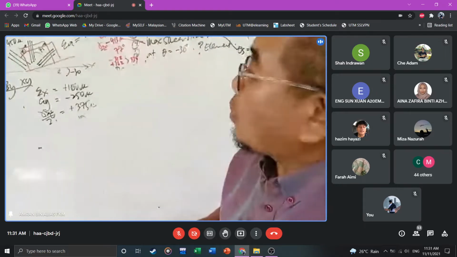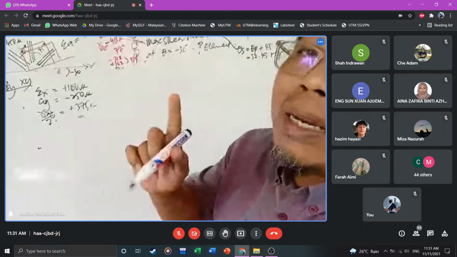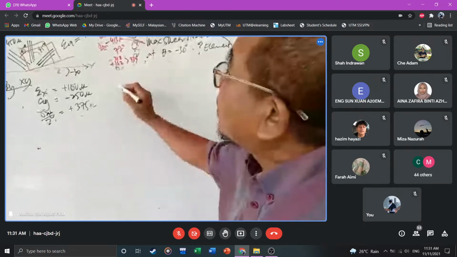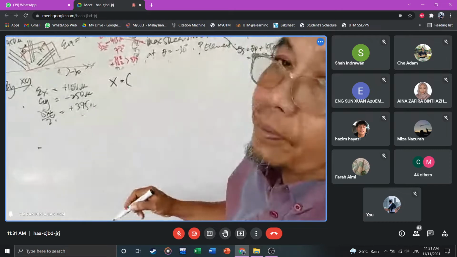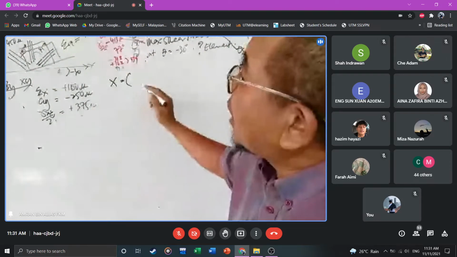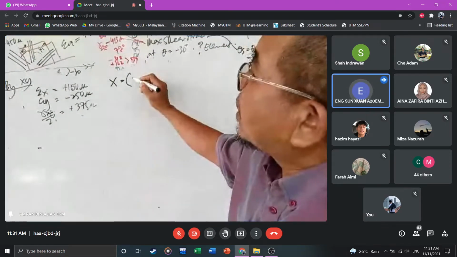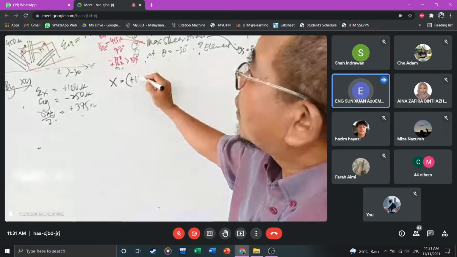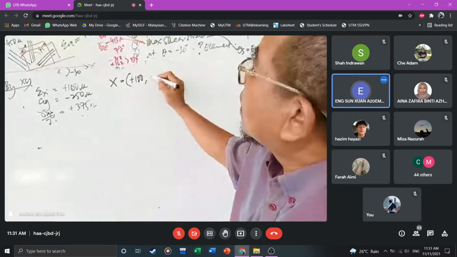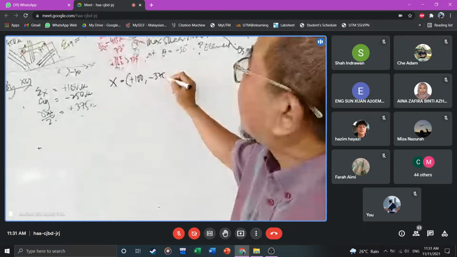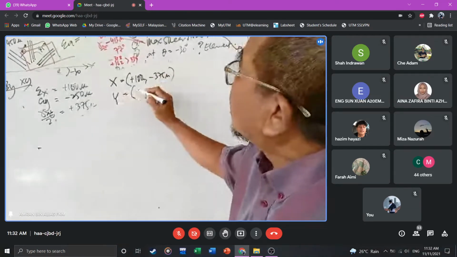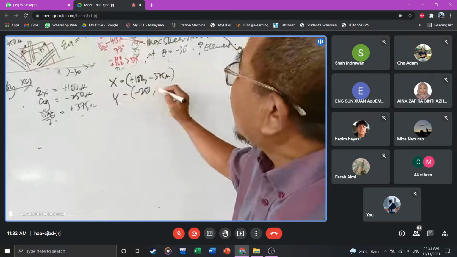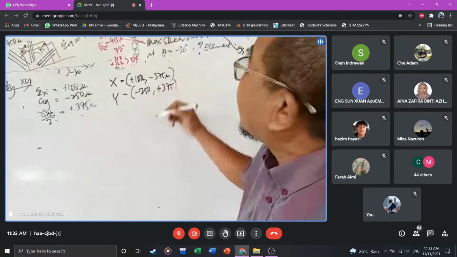The first step, you must write down the point position. What is X point? Positive 100, then negative 375. Your Y is equal to negative 250 and positive 375.